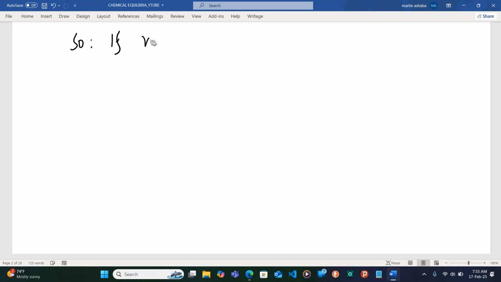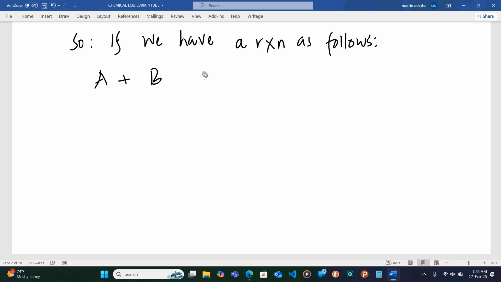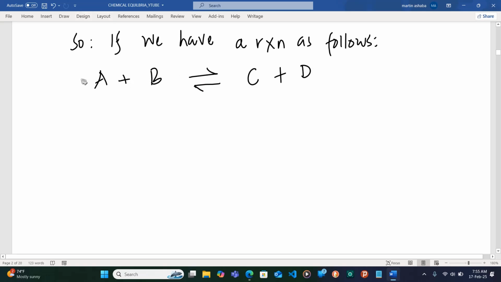So if we have a reaction as follows, A plus B giving you C plus D, let's insert the stoichiometric factors. So this has small a, this has small b, this has small c, and this small d. What happens to the rate of reaction at equilibrium?